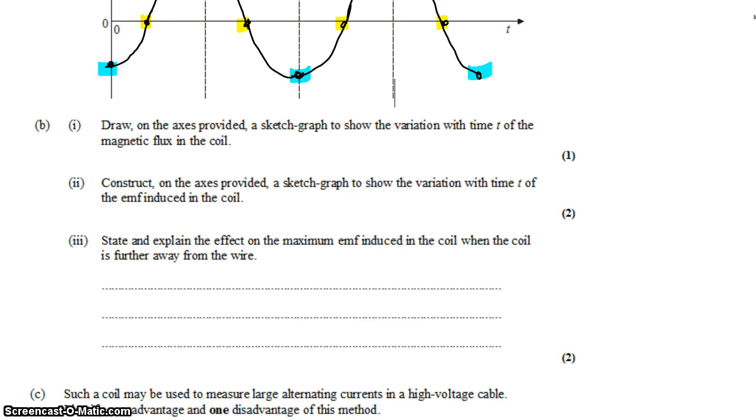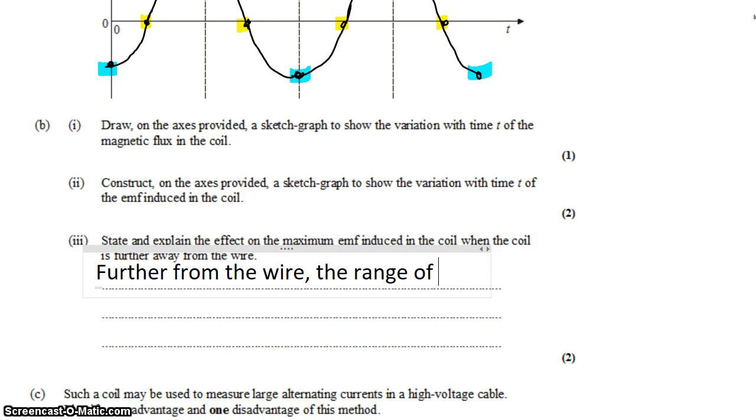Next up, we want to state and explain the effect on the maximum EMF induced in the coil when the coil is further away from the wire. So when we move the coil further from the wire, what happens to the EMF induced in the coil? Further from the wire, the range of flux is smaller.